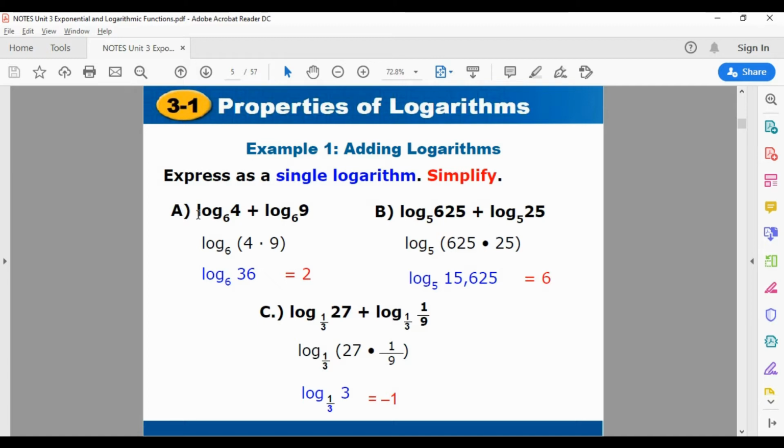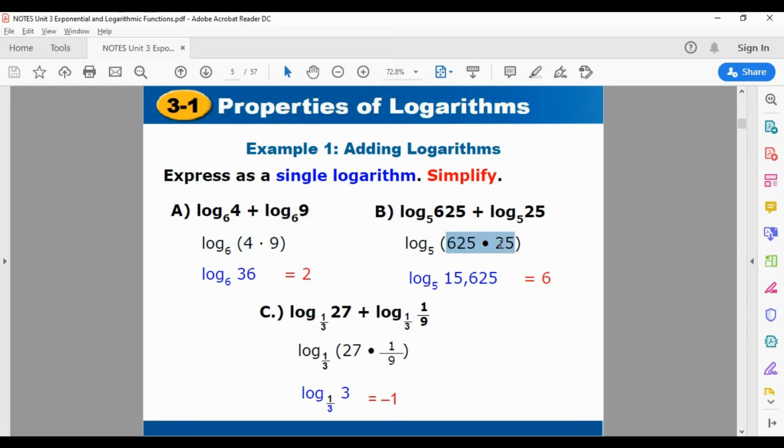The key thing to pay attention to is that in every case, A, B, and C, the bases are the same: log base 6 for A, log base 5 for B, and log base 1/3 for C. Then you take the two independent values of the logarithms, so in A, 4 and 9, and you multiply those together.